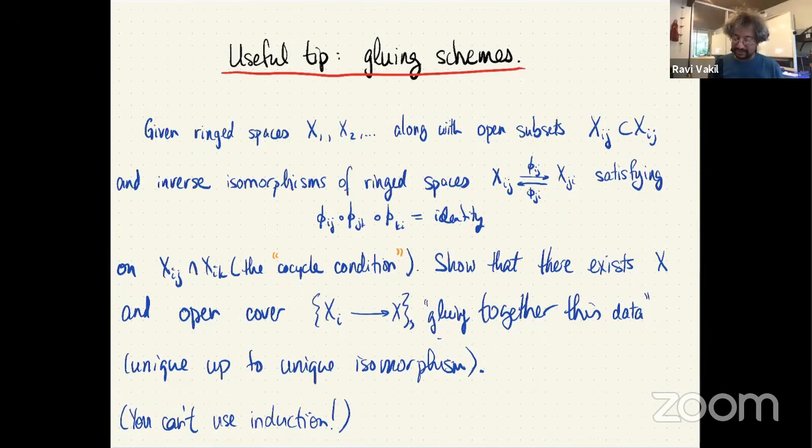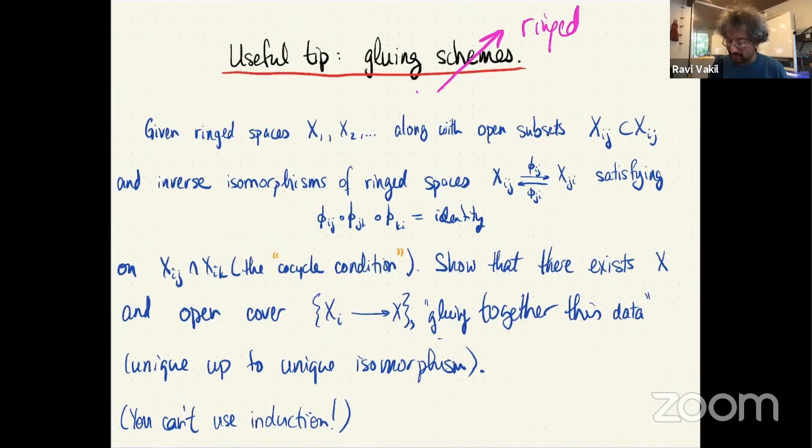And so let me now say this in terms of gluing ringed spaces. So this says schemes, but really this is all about gluing ringed spaces. And so if you have a bunch of ringed spaces, now in particular, I want to also glue infinitely many. I want to be able to do something rather serious and glue together lots and lots of things.